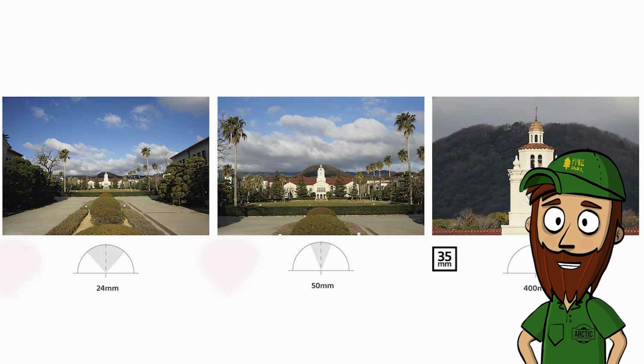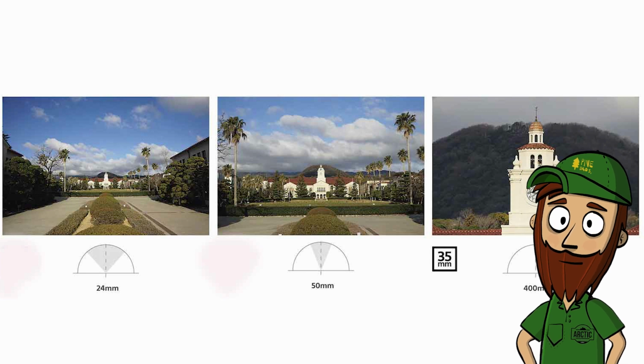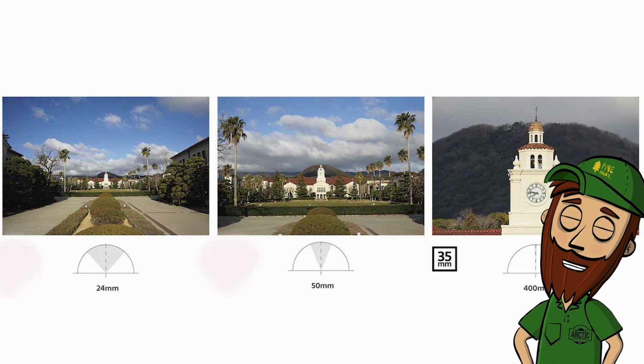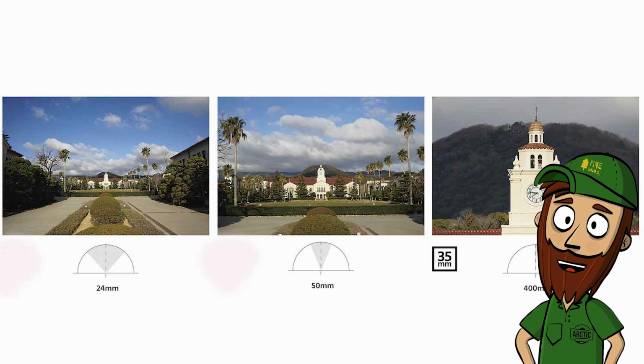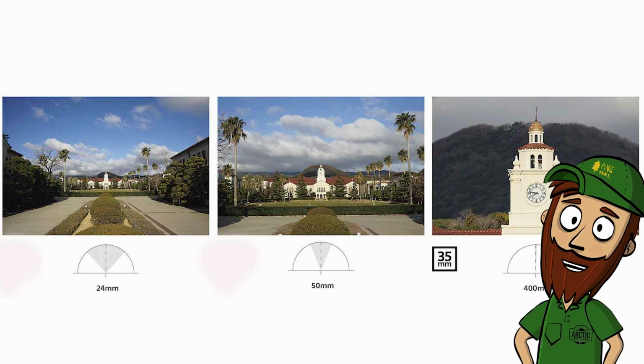How do you think it would look if we had a 3000mm? So, Brian, what camera, what lens was used when that image was taken?